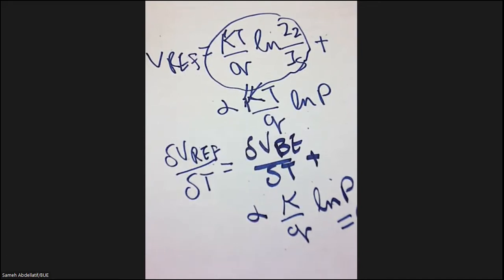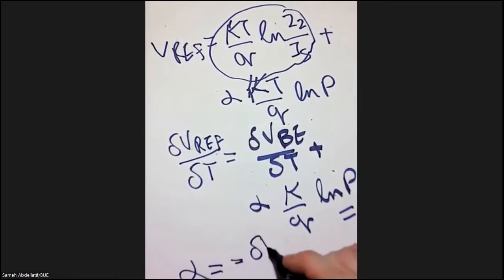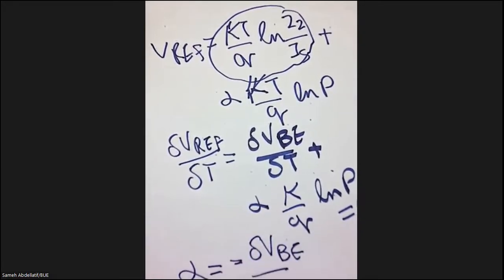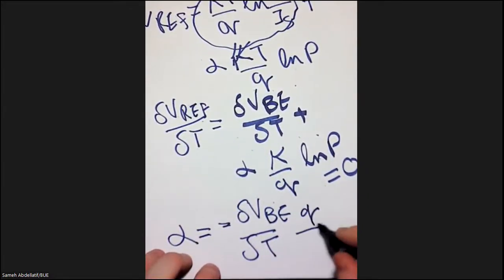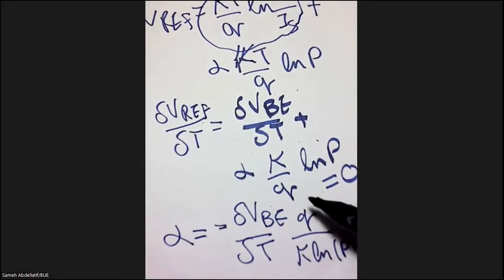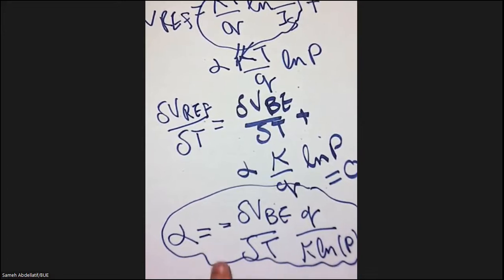So you can easily put alpha equal to negative partial VPE by partial T times Q over K ln B. If you put this alpha in this expression, accordingly, you can have a V reference which is independent of temperature.